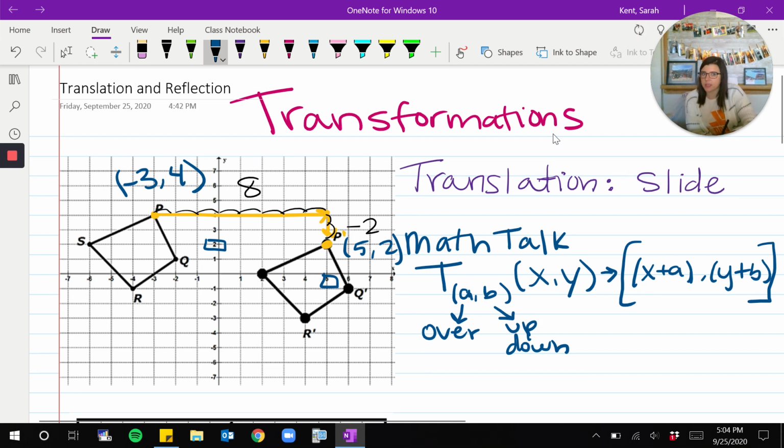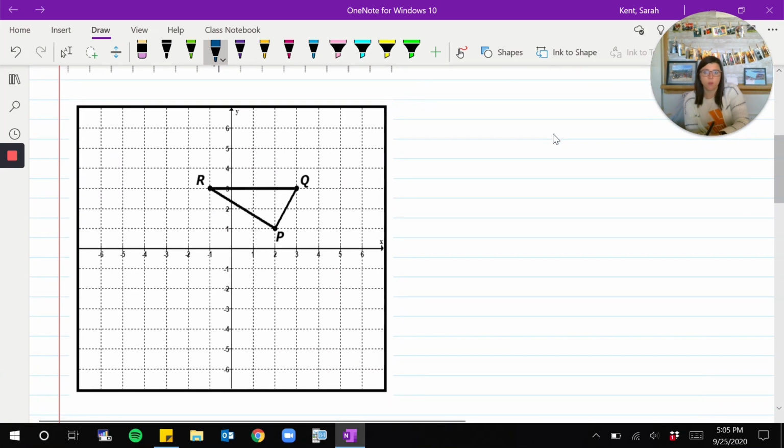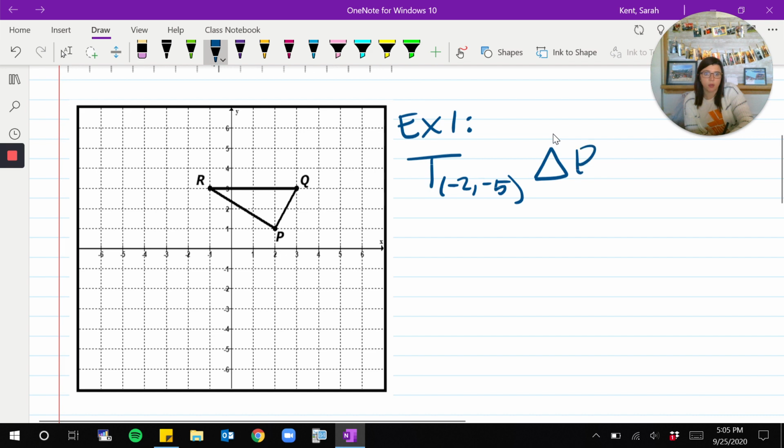So let's look at an example of this. Here we have a picture and we have a triangle PQR. And we have been given the rule T of -2, -5 for triangle PQR, which is this picture right here.